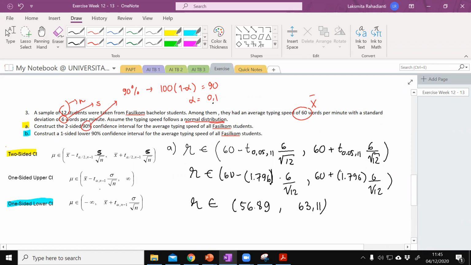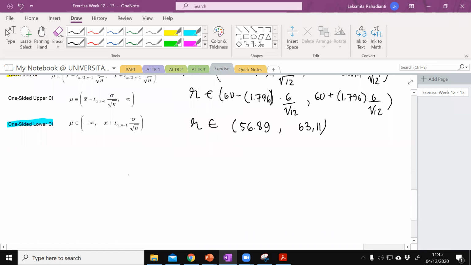So obviously for B, what we need to compute is the one-sided one. Once again, this is not sigma, this should be S, apologies. So here I have to compute the mu, which should fall under the left-hand side is negative infinity, because I'm only going to limit the upper side because this is the lower CI.